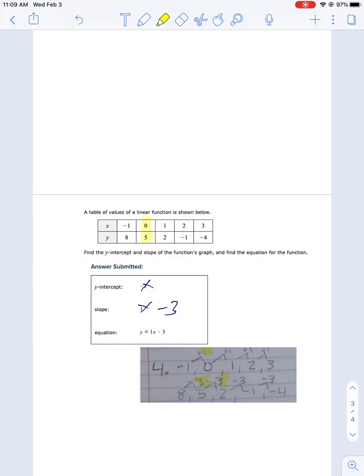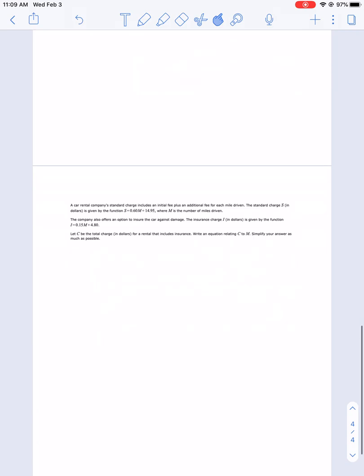That's your y-intercept. You're starting at 5. And since we had those 2 wrong, your equation was wrong. So y equals -3x plus 5. Which means we're starting at 5 and going down by 3 each time.